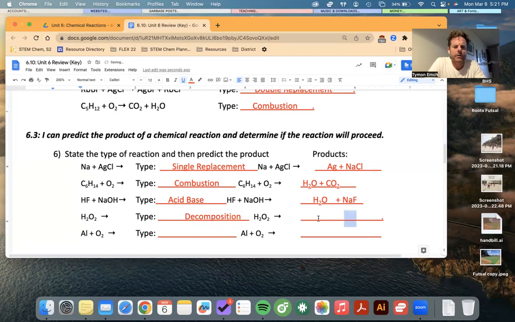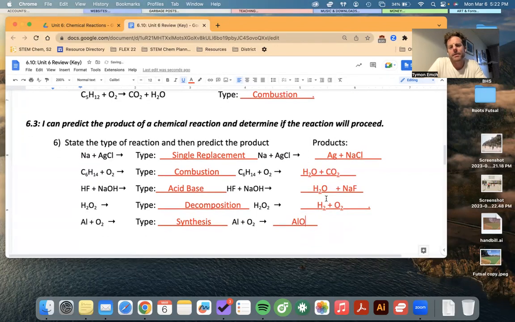And it's going to decompose into its elements, probably like H2 and O2. It could do some stuff into like water and oxygen gas, but we'll just say that one right here. This right here is another synthesis, and so it'll be like AlO, something like that. Maybe it's Al2O3, actually.